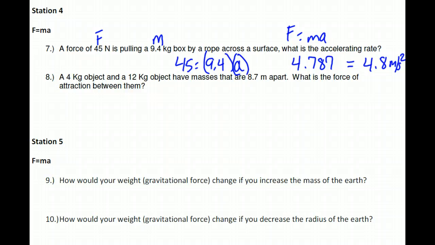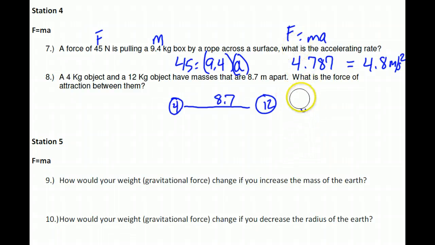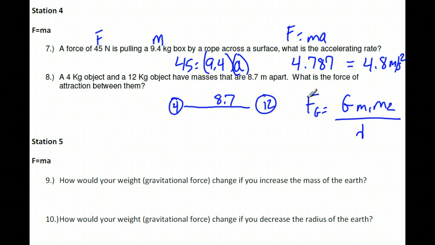All right, a 4 kilogram object and a 12 kilogram object have masses that are 8.7 meters apart. And this is not using F equals ma, so that is a typo, because this is going to use the same formula that we've been using, which is the force of gravity equals gravity times mass 1, mass 2 divided by the distance squared.